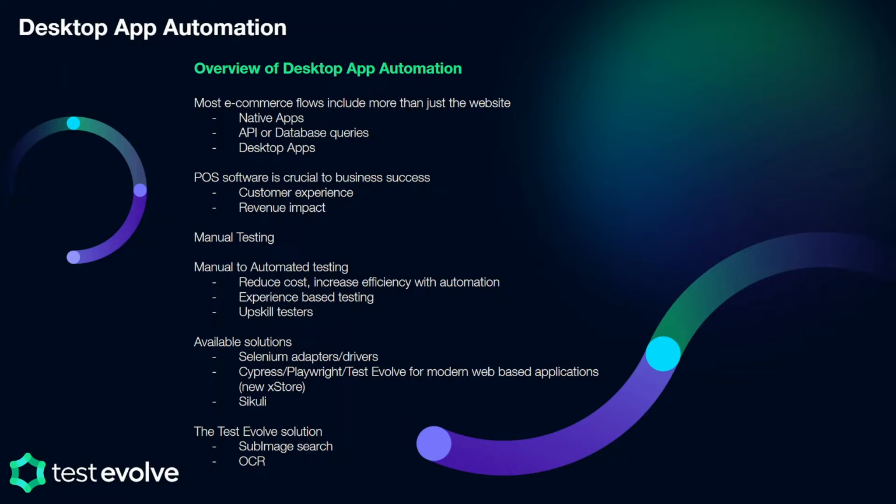So there are available solutions for POS automation. With more desktop app automation, you don't normally have something that's specific to a till system. I guess you'd have XUnit as the example in Xstore, where it's very unit test based. It's not end to end, but it's specifically for a till system.